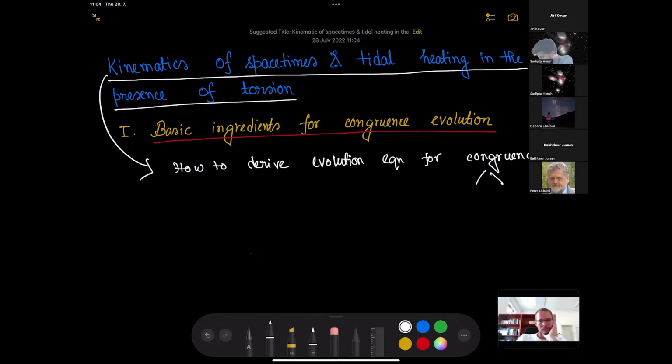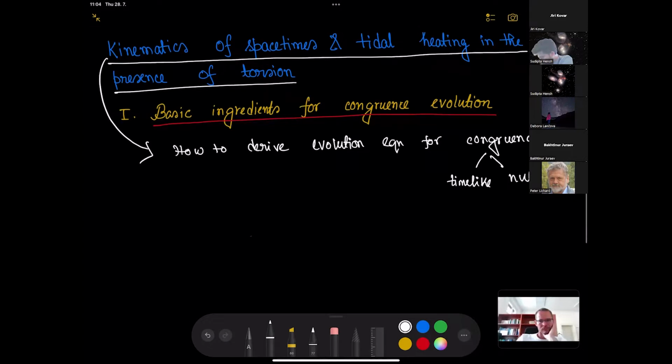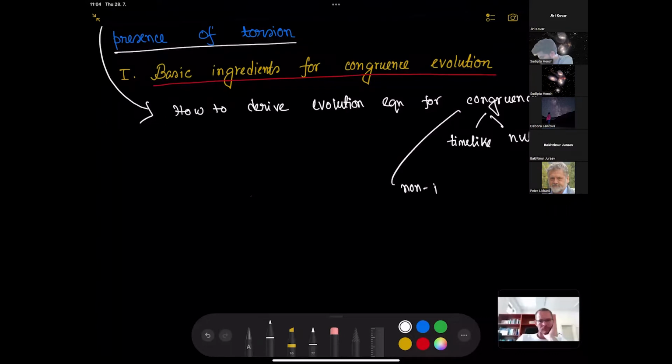So what did I mean by congruence? By congruence, I mean non-intersecting geodesics. Specifically, a bunch of non-intersecting geodesics. I will first describe the definitions, notations, and also scope and motivation for this lecture.